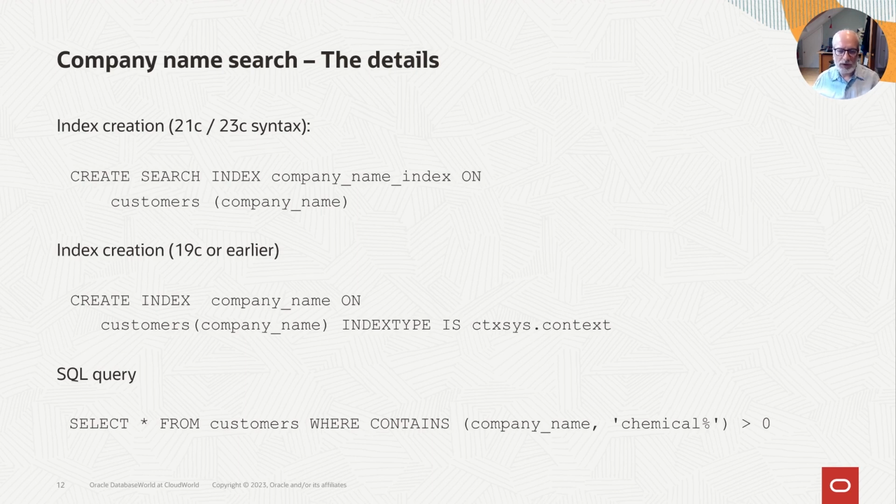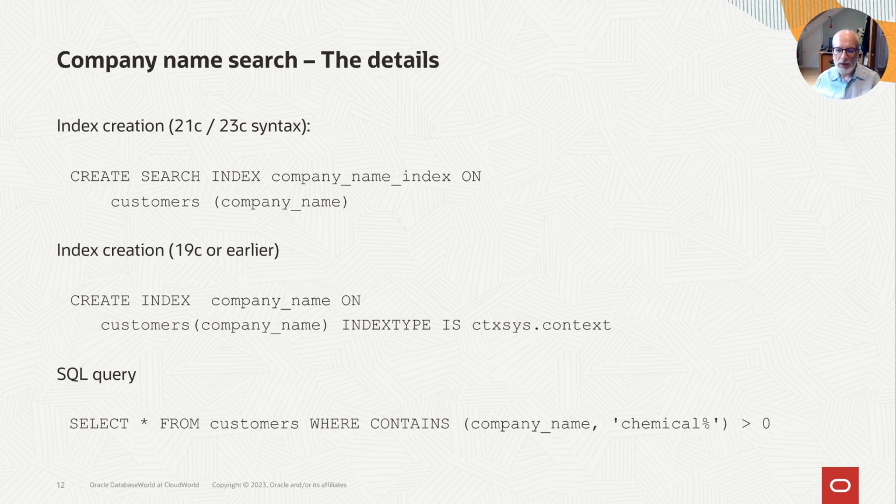May take a little while. For a few million company names, it's only going to take a few seconds. But if you've got long texts, then it might take a few minutes, maybe even a few hours if there's enough data in there. When we've created the index, we can then do a query using this contains function.